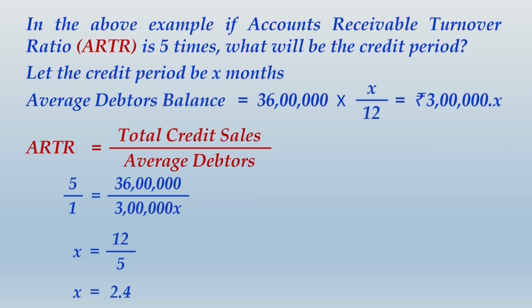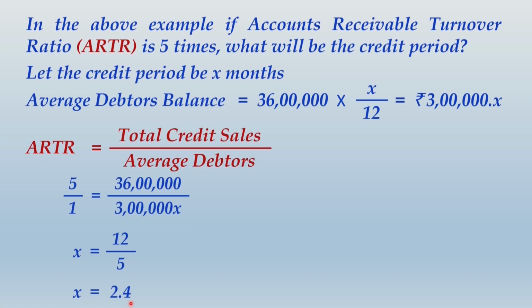Now one thing before you write, if accounts receivable turnover ratio is 5 times, haven't I told you one thing, that you can directly divide 12 months in the year by accounts receivable turnover ratio of 5 times, and that will eventually give you 2.4 months as credit period in terms of months.